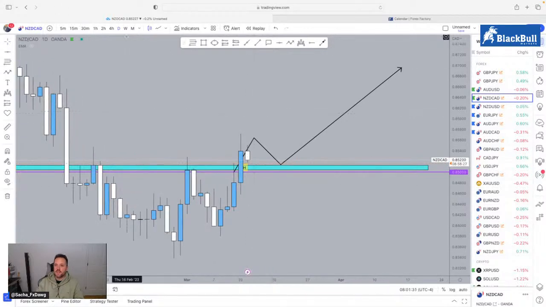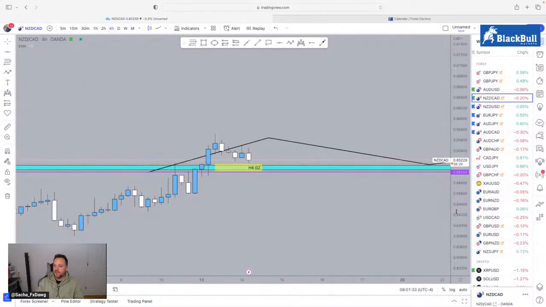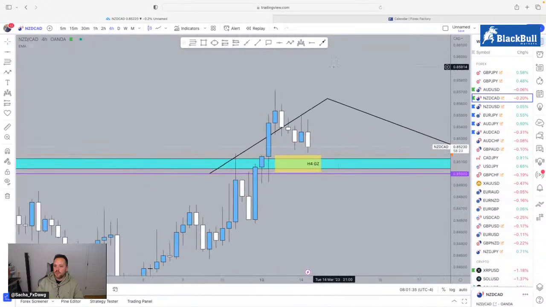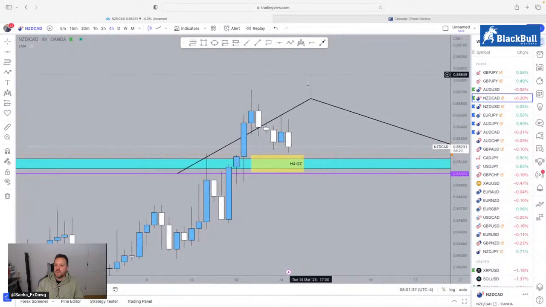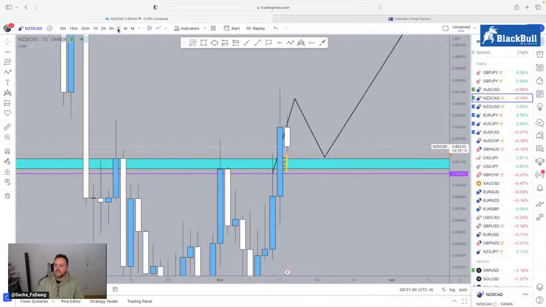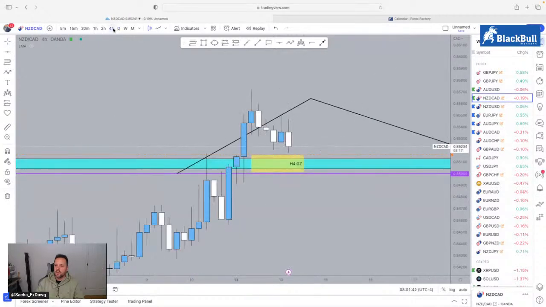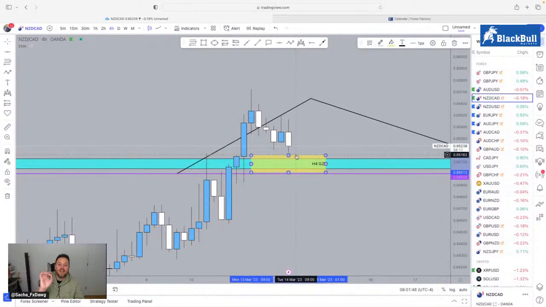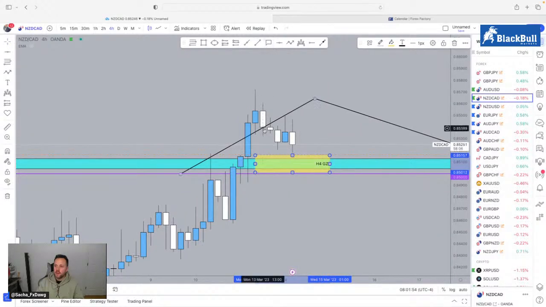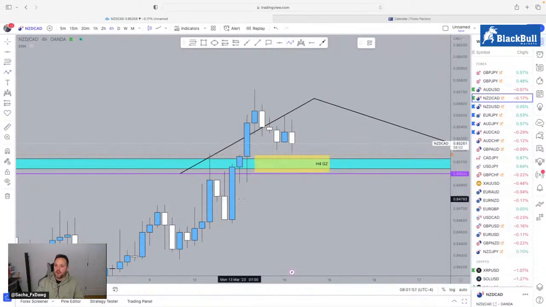So now we got the retest as we speak. Look at this 4-hour time frame. 4-hour time frame is bullish. Since the daily is already bullish and the 4-hour is bullish, now I'm waiting for the retest, but also for an H4 potential higher low.